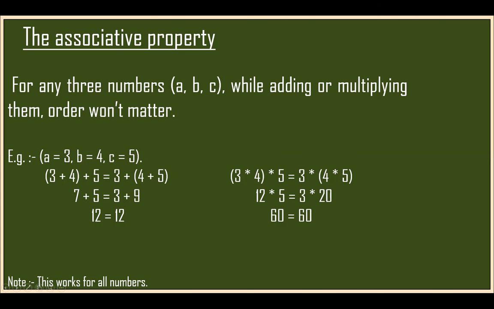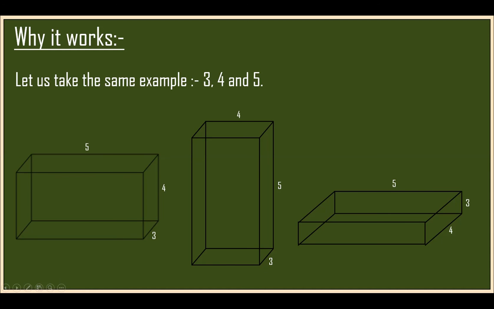Then we do 4 times 5 first, which is 20, and 3 remains. 12 times 5 is 60. 3 times 20 is also 60. Note that this also works for all numbers, and for these values it is true since the LHS equals the RHS. Remember that.